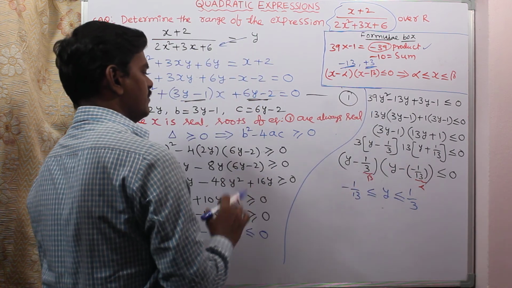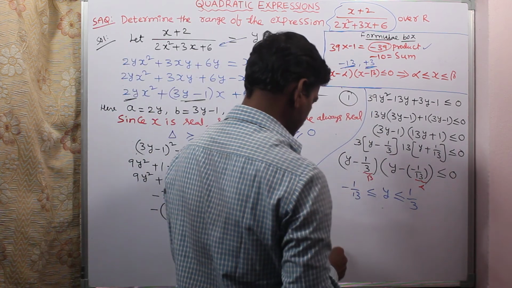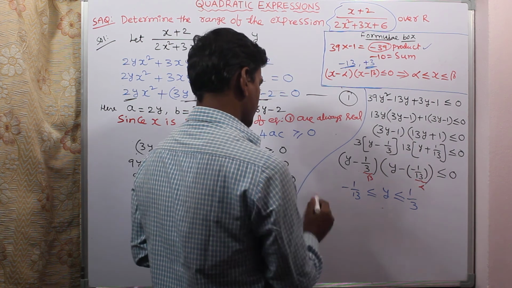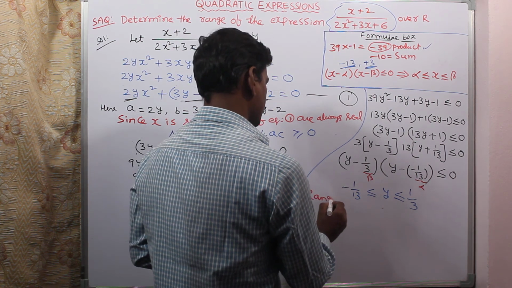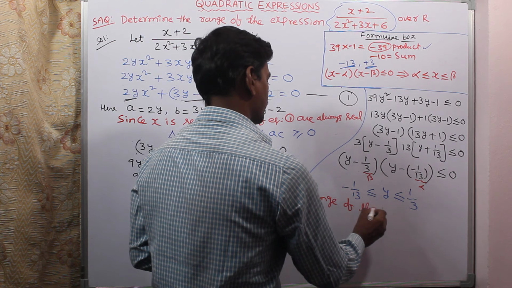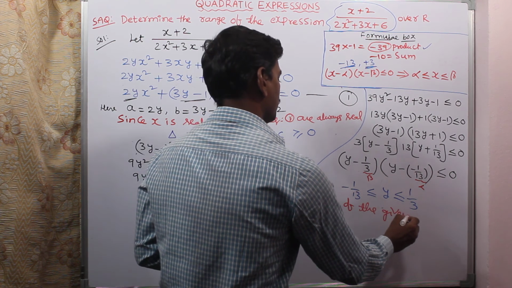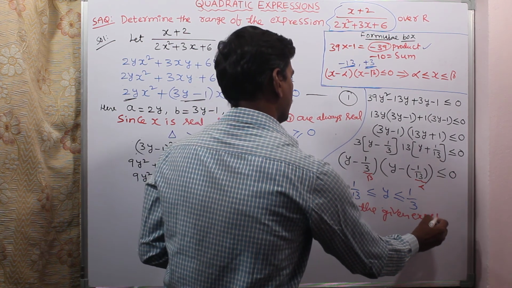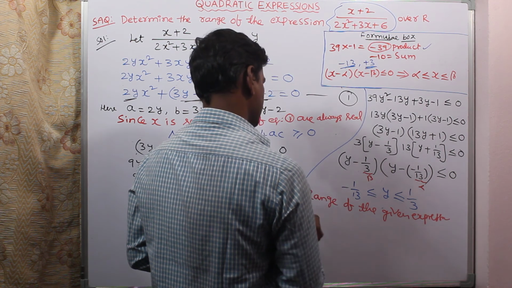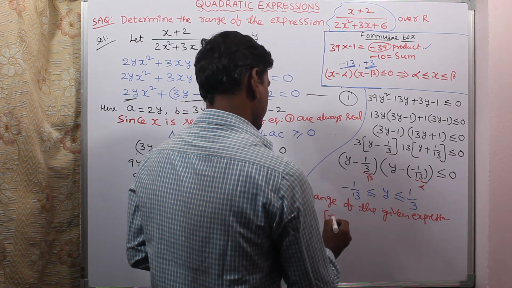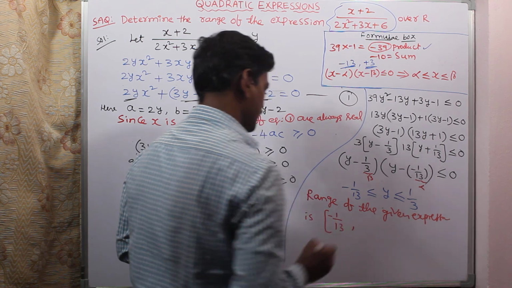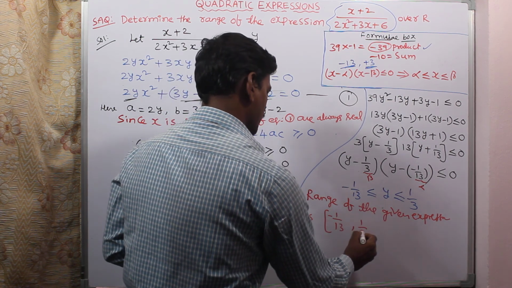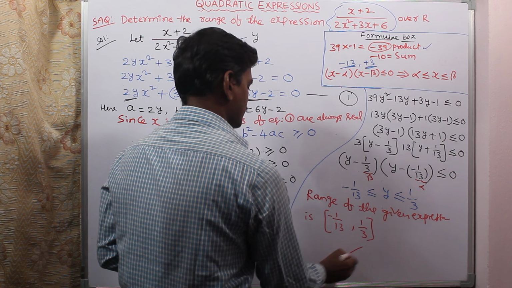After having the minimum and maximum, I can now write the range of the given expression. So I can conclude the range of the given expression is minimum value minus 1 by 13, maximum value 1 by 3. So this is the answer.